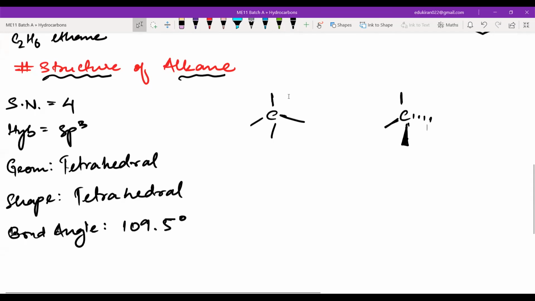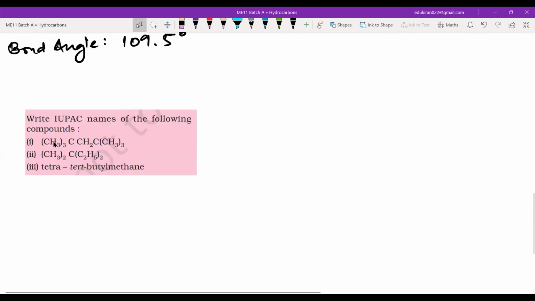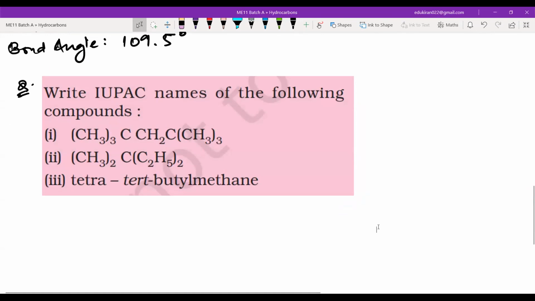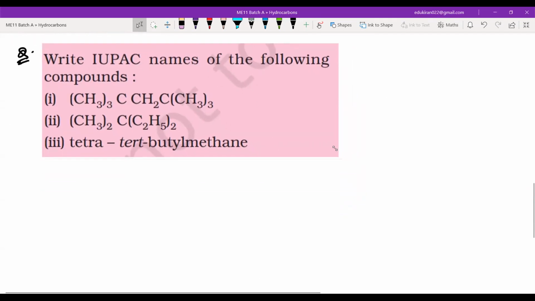Okay, now let us just start revising the IUPAC nomenclature. So write this question. You have to write the questions, not notes, okay? Just write the questions.